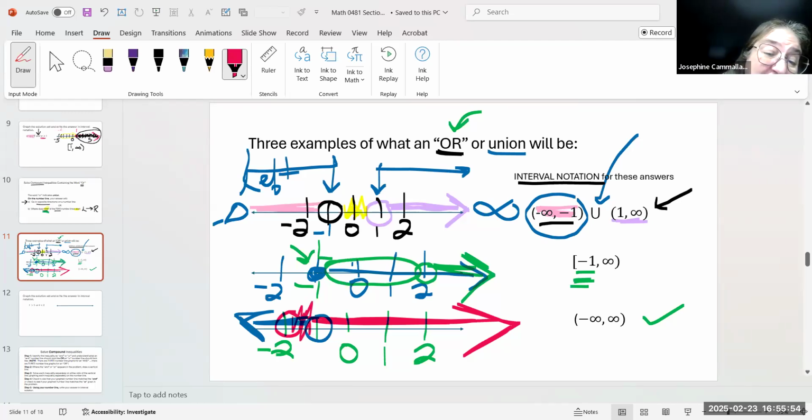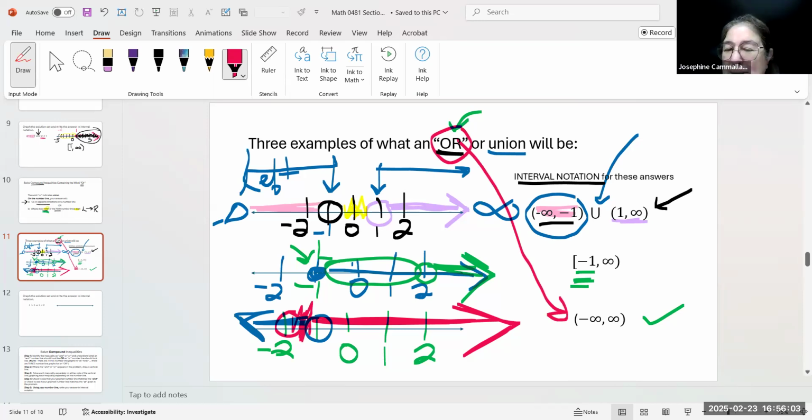Yes, they do have a common part here. For an OR, if they go in opposite directions, it's -infinity to +infinity. Because an OR has to consider everything blue and everything red. It is what is all, or we're uniting the blue and the red.